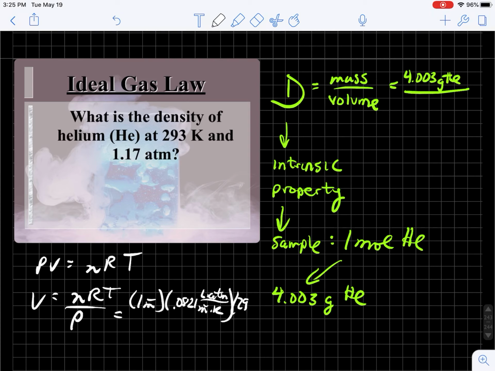They were kind enough to give me Kelvin instead of Celsius. I won't be that nice on the test because, like I said, if we were doing labs, we're measuring it in Celsius. And we're going to divide that by 1.17 atmospheres, which on the test I would most likely put in millimeters of mercury because barometers and manometers use millimeters of mercury as their unit.